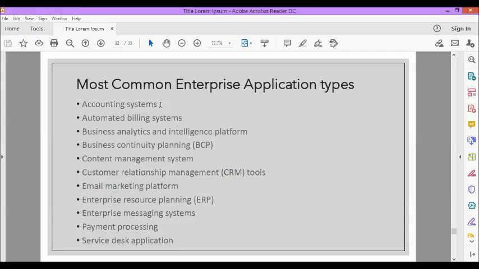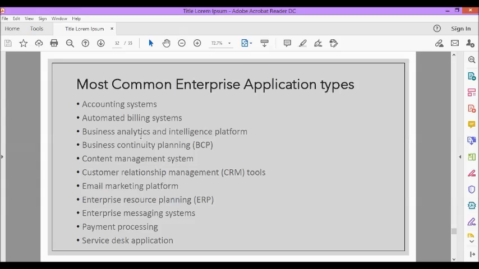This is the system used to manage the income, expenses, and other financial activities of a business. Next, we have the automated billing systems, which enable creating invoices automatically at scheduled periods. With billing system, it can automatically issue refunds.